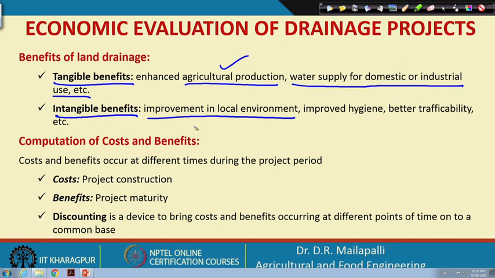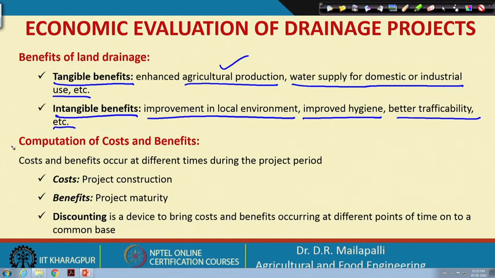That really improves the local environment, along with improved hygiene and better trafficability, because now the soil is aerated and more suitable for trafficking, etc. So these benefits are categorized into two classes: tangible benefits and intangible benefits.